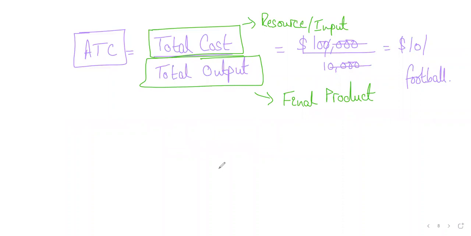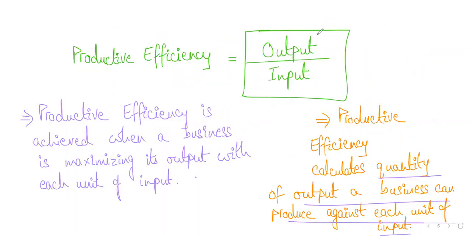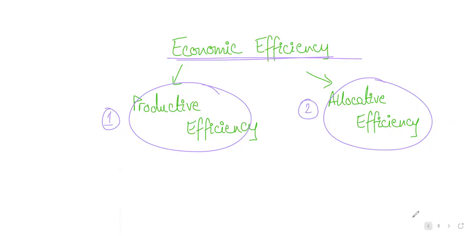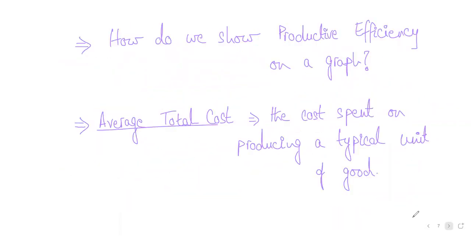Think about this. We said productive efficiency is about maximizing the output with each unit of input. Now, continuing with the example of the two factories that we were considering, I erased that earlier. We assume that factory A is producing 10,000 footballs and factory B is producing 20,000 footballs.